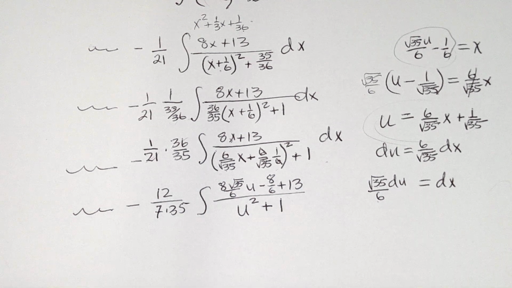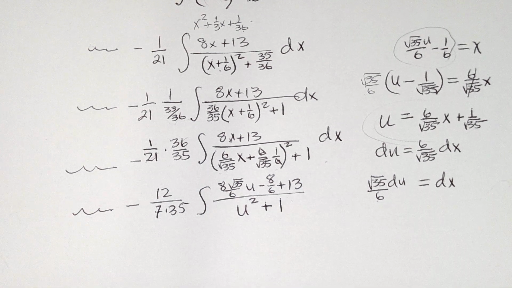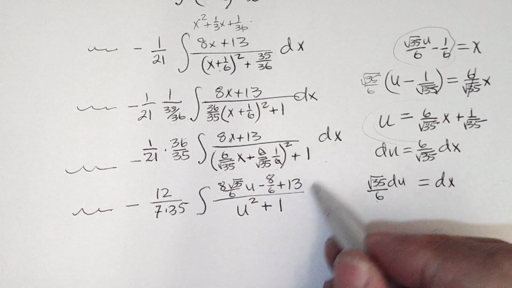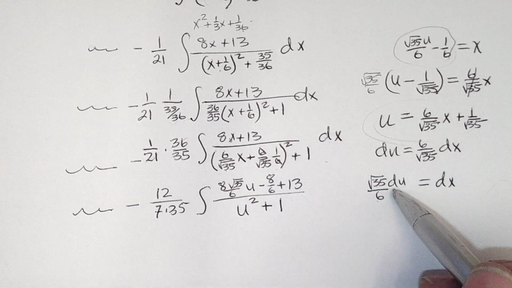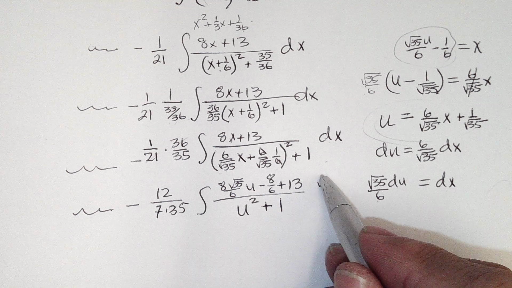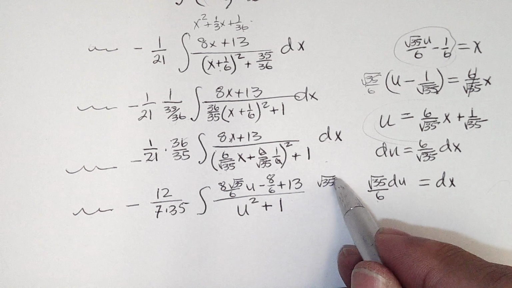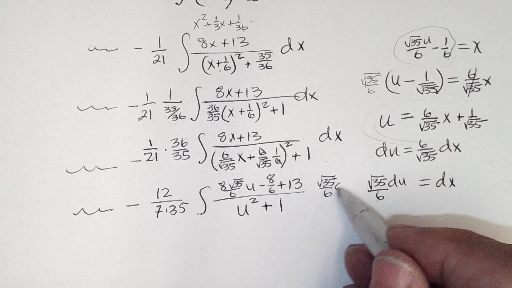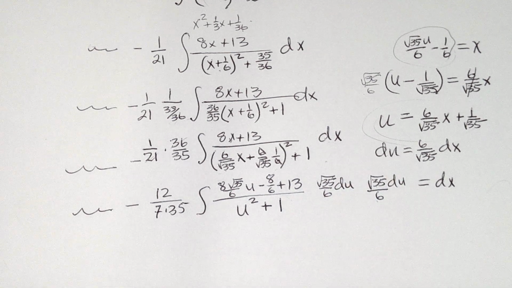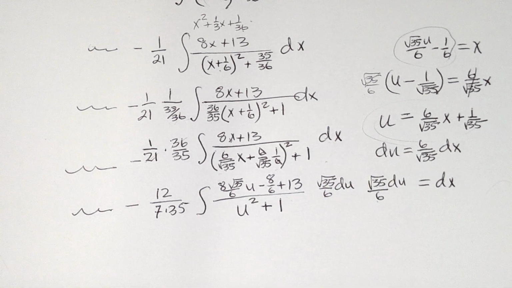That's what I was going for, something that looks like arctangent. And dx is going to be replaced with square root of 35 over 6 du. A lot of mess.